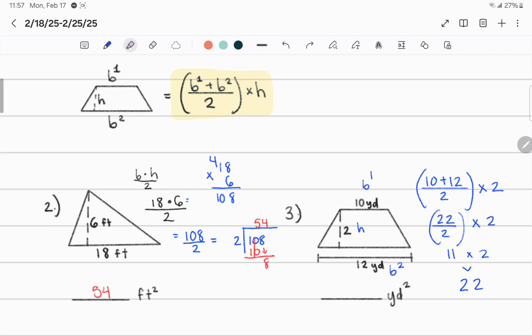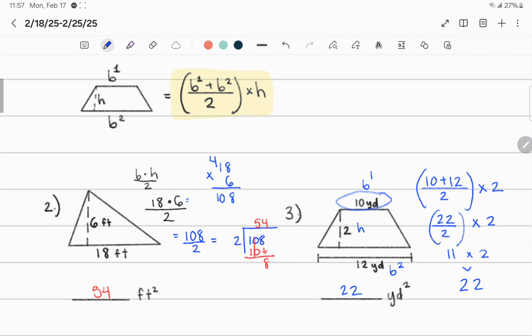So again, we did 10 plus 12. Divide that by 2 because of the formula. And then we multiplied that by 2 because of the height. So this is 22. One more time.